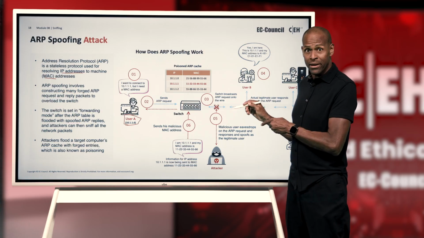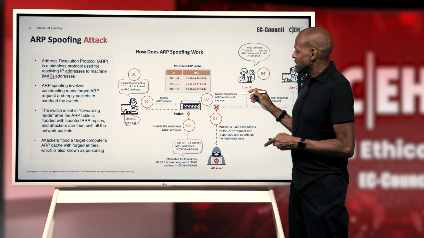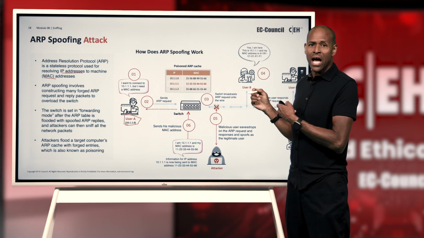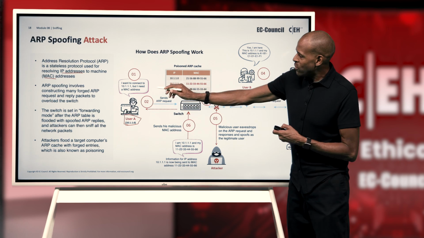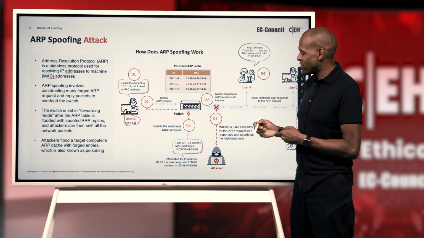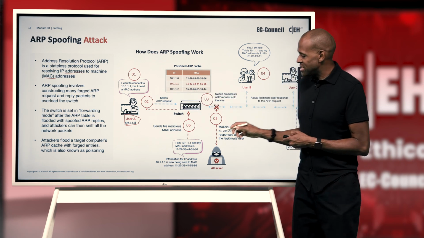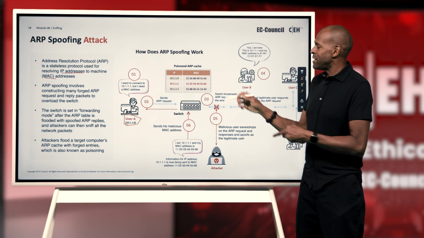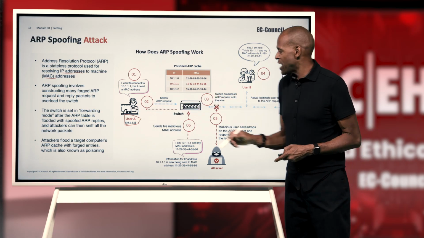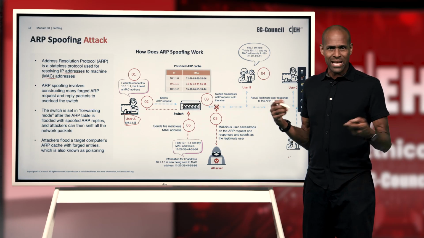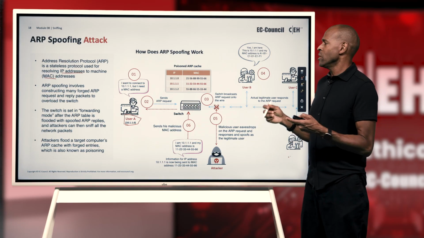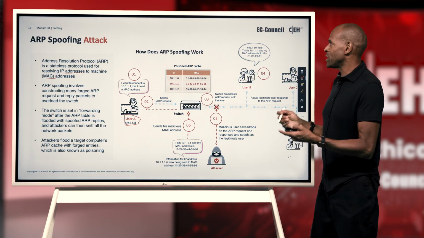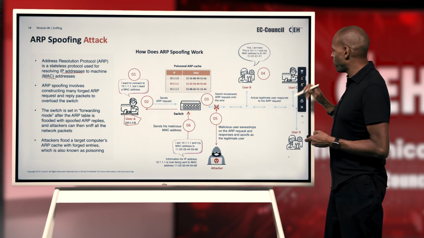What should happen is that device should respond to the ARP request saying, I am 10.1.1.1 and here is my MAC address. But in this case, instead, a malicious actor responds. And now this device, user A, and every other device that has that ARP cache will send their information to the wrong device.